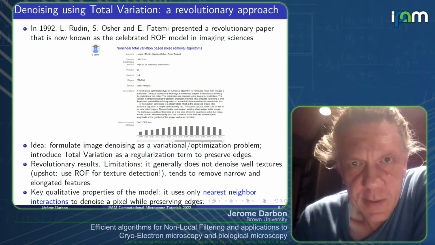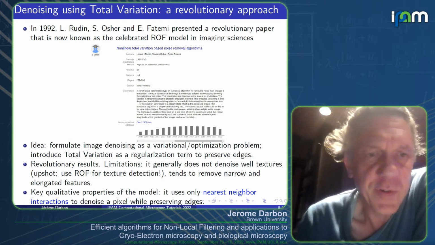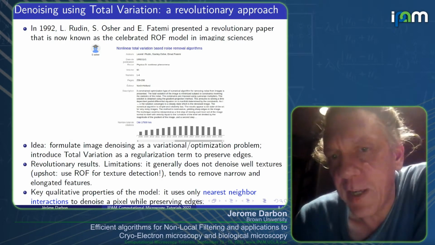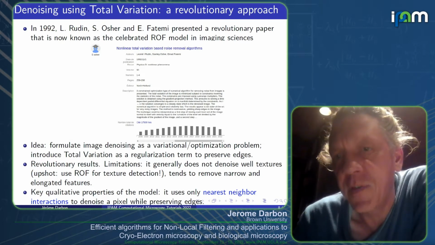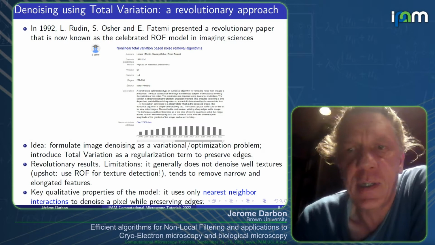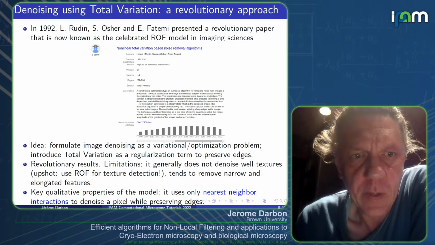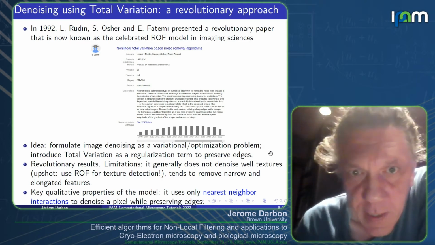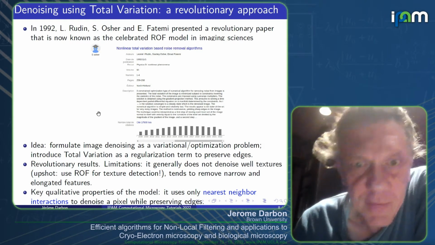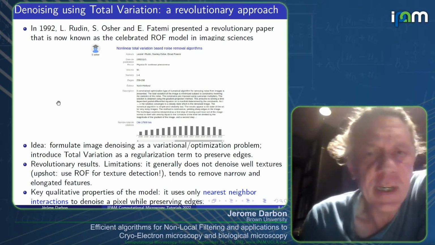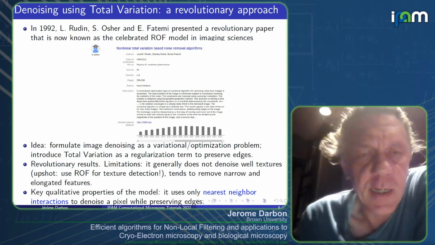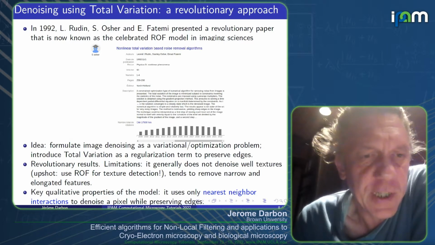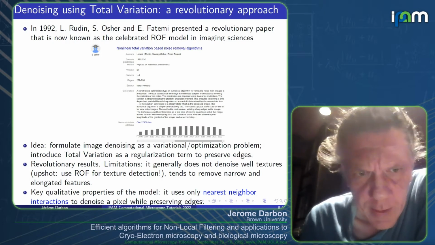And Stan and his co-authors introduced the regularization called total variation that allows to preserve edges in images. So that paper has, as of today, more than 17,000 citations. It has had a huge impact, completely changing the way people process digital images.